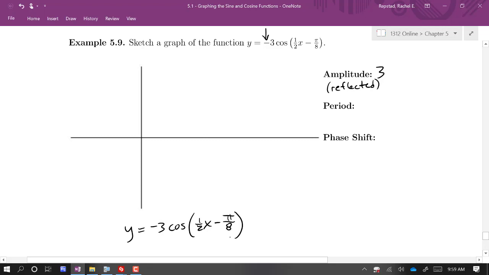And I'm going to make myself slow down, because I can tell that the phase shift is not just pi over 8, because there's this coefficient on x we have to take care of. I'm going to factor out the 1/2. When I factor out the 1/2, this is x minus pi over 4.